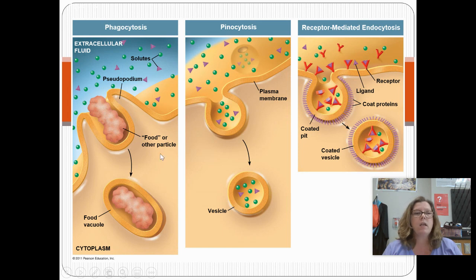As far as College Board is concerned, they just want you to know endocytosis and exocytosis. And again, all of these can be reversed so that you can take a vesicle, fuse it with the membrane, and let it dump its contents to the outside, and that would be exocytosis. So these are endocytosis, reverse it, and you get exocytosis.